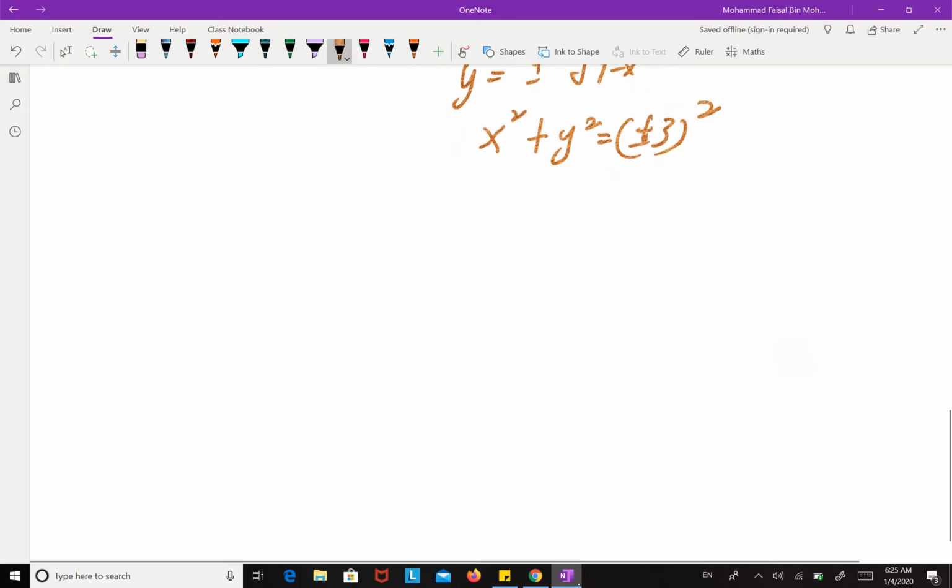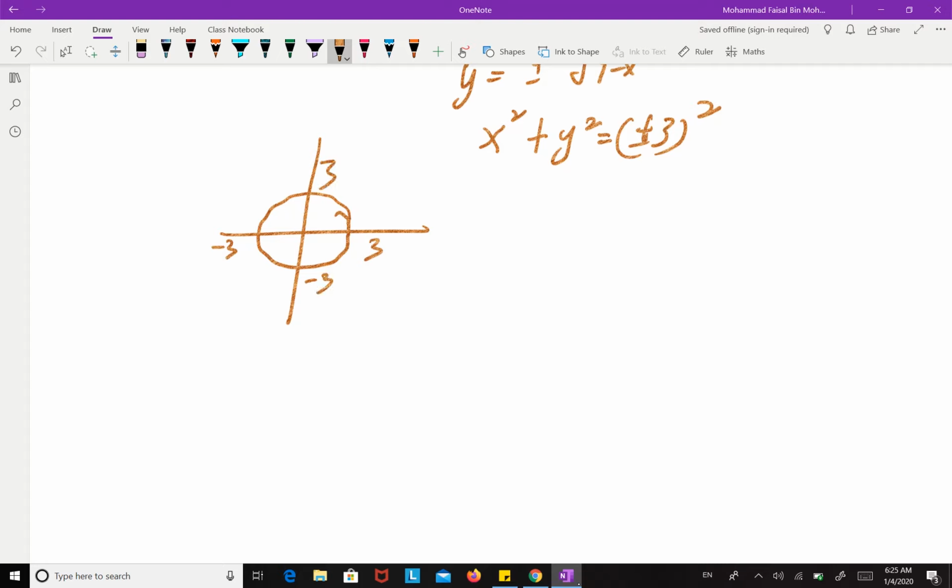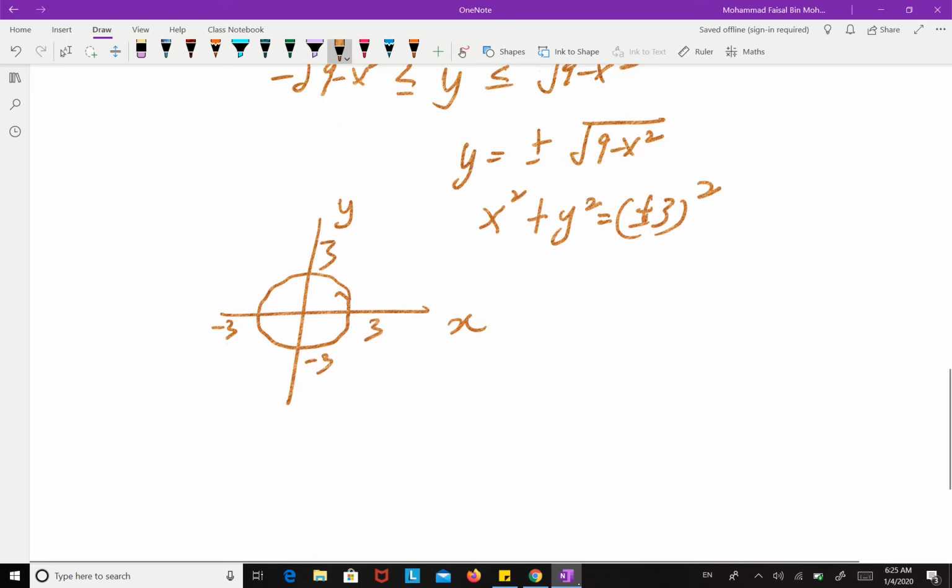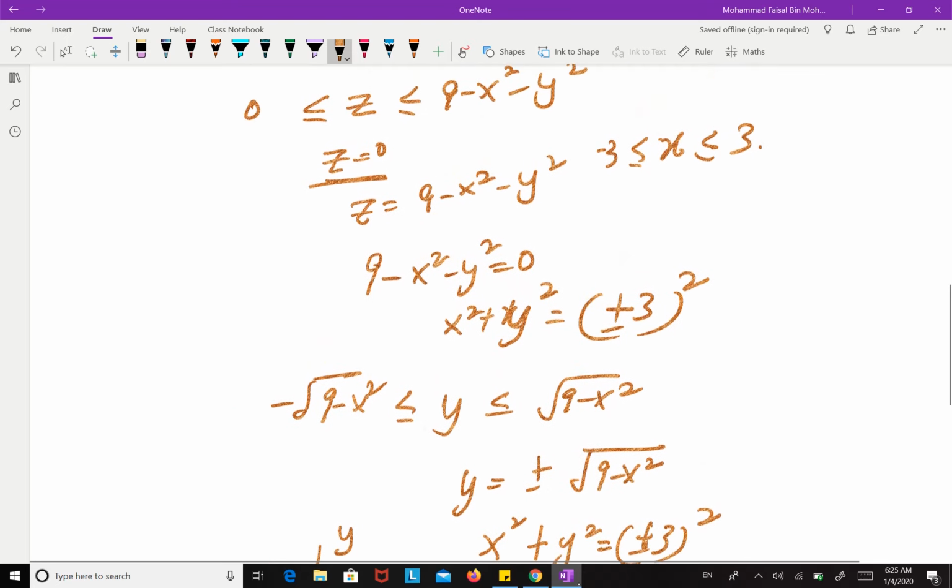So you have a circle with radius 3. This is for the xy plane.